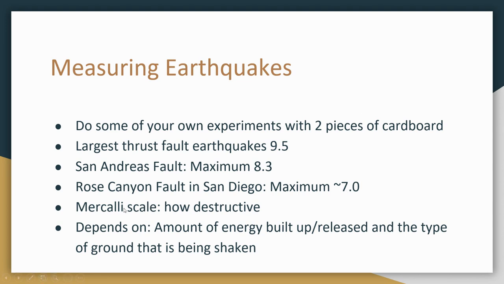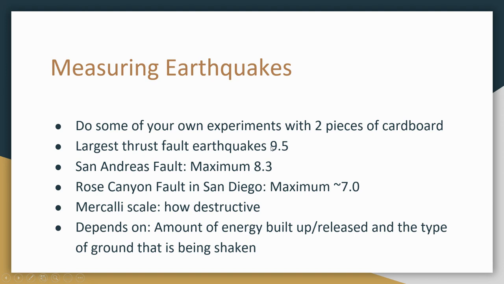There's one other scale that scientists use to describe earthquakes, and that's the Mercalli scale. It's a measurement of how destructive that earthquake is. Just because the amplitude of the wave is really large doesn't mean that it destroys a lot of things. Part of it is the amount of energy built up and released, but also the type of ground that is being shaken.